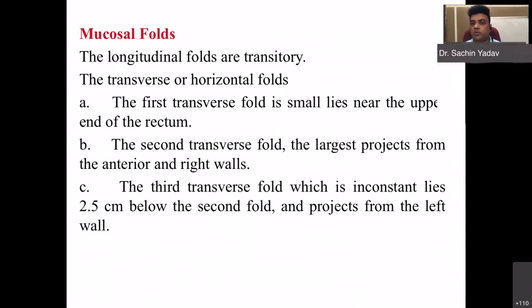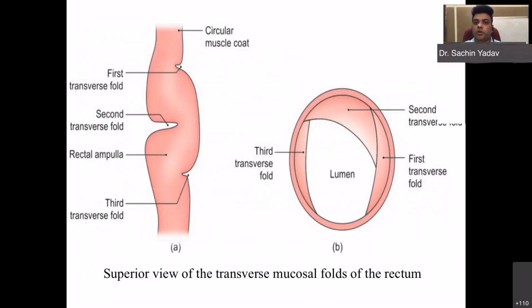So there are three lateral curves. Likewise, there are three mucosal folds. You can see the interior of this rectum in the longitudinal section, or rather not a transverse section but a view from the inner side. You can see how the transverse folds are there.